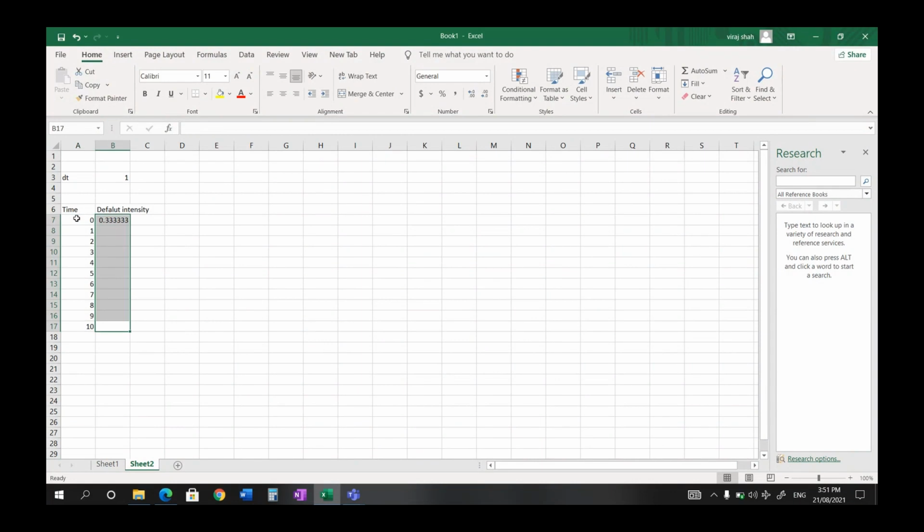You can see that my default intensity is decreasing as the time increases, right? So what would happen to the probability now? Can anyone tell me? It will increase, because it has an inverse relation.